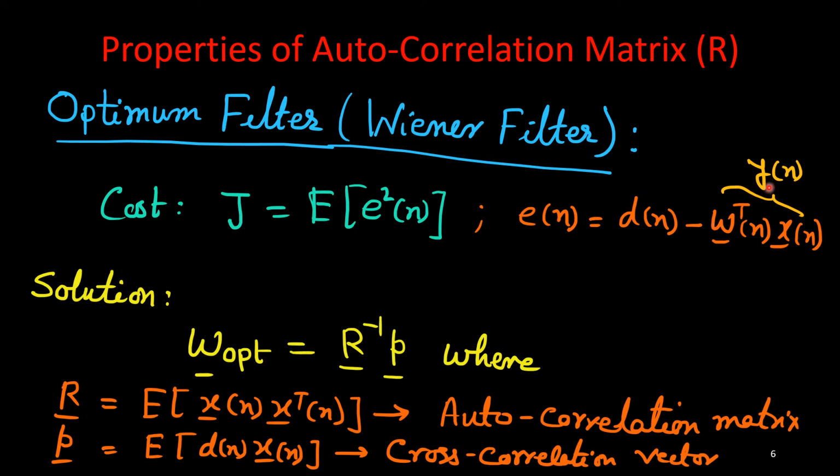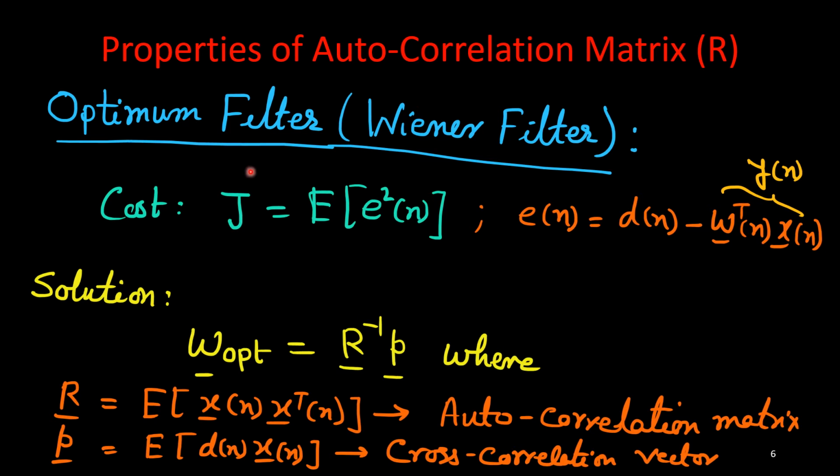Yn is the output of our filter, which we can write in this way. This is the convolution process. W is the weight vector Wn at the nth iteration, and Xn is the regressor vector. It will contain the samples Xn, Xn minus 1, Xn minus 2, the past L samples if the channel length is capital L.